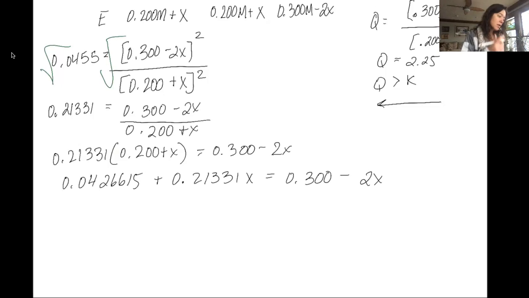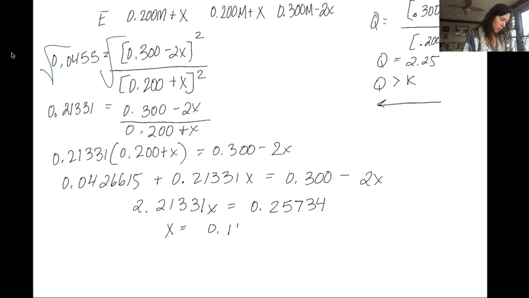Let's go ahead and combine some like terms, and we get 2.21331x equals 0.25734. And that gives us an x that is equal to 0.1163.